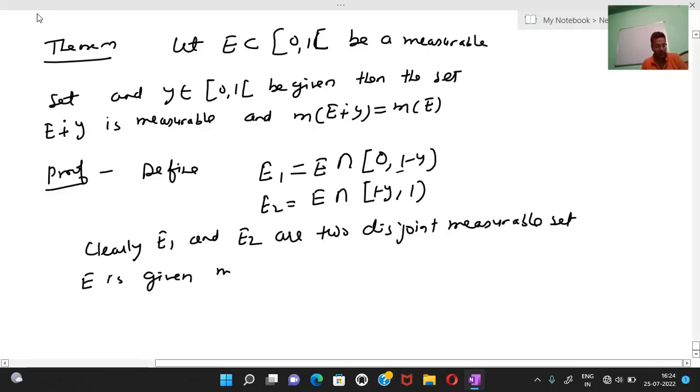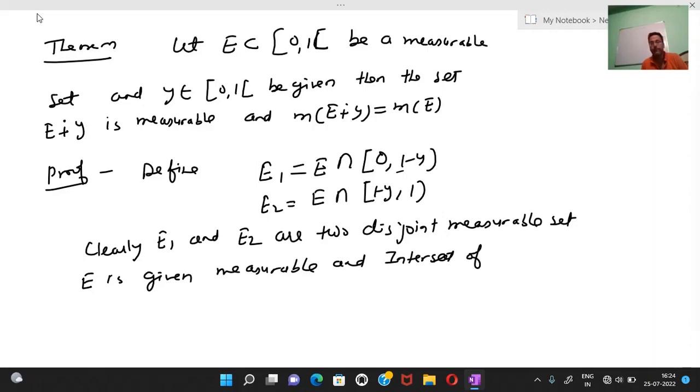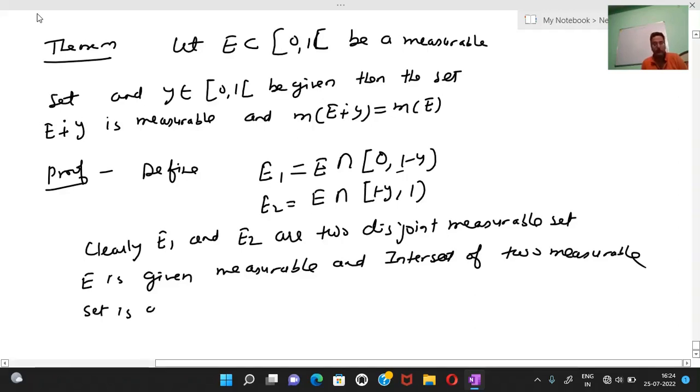E is given measurable, and the intersection of two measurable sets is also measurable. That is an important property.